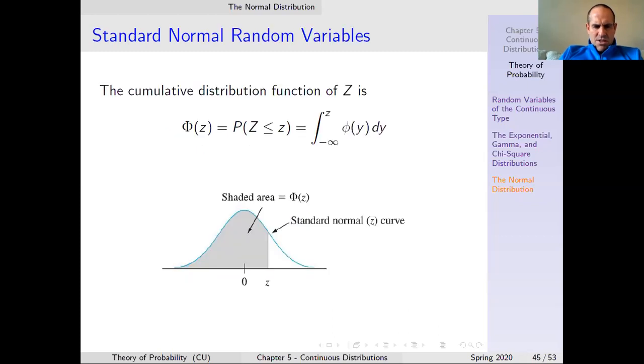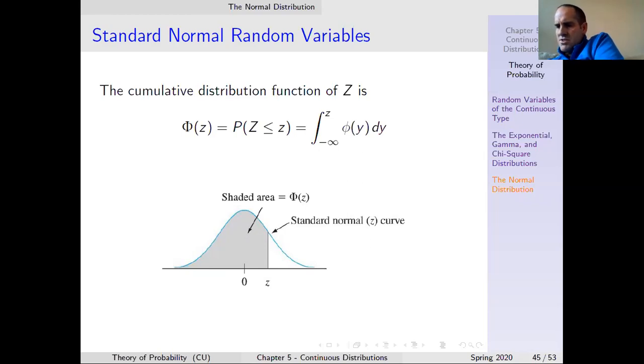Now, before we get into that next slide, this picture right here is all over the place on the web, and it's even in your books. For instance, there is a picture in the theory of probability text on page 190.